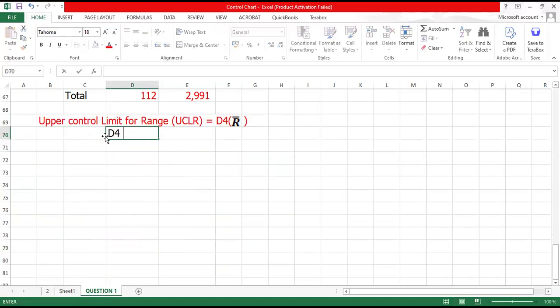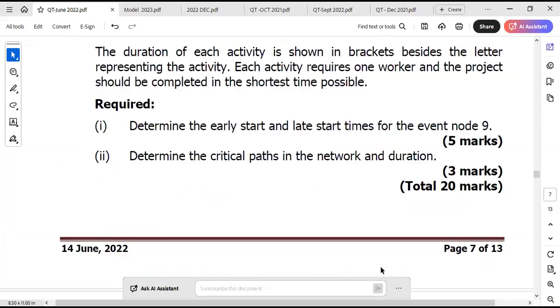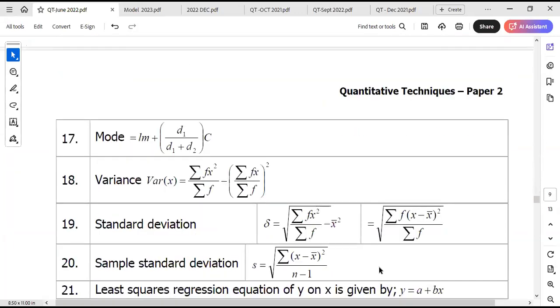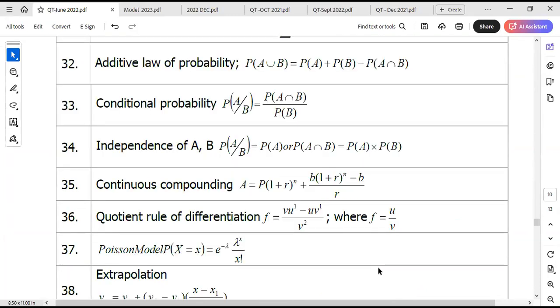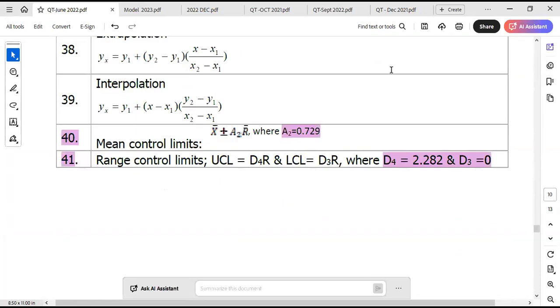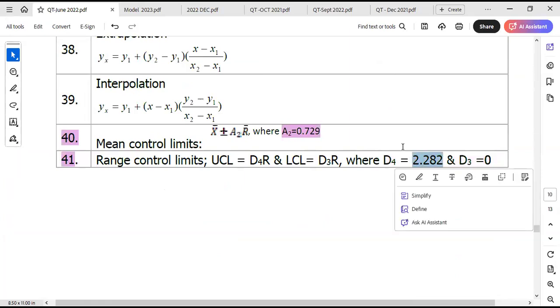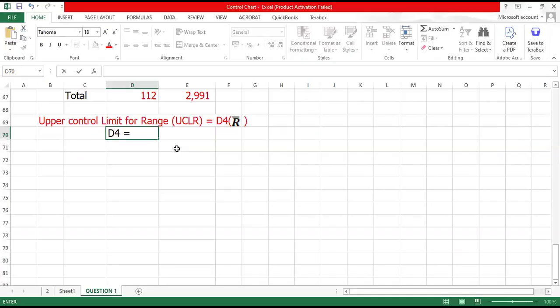D4 is given in the formula sheet. D4 is 2.282. This is given here. So that is your D4.